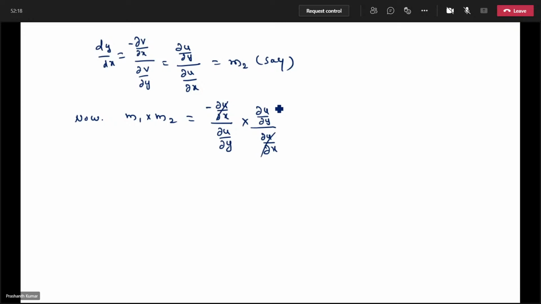This is the tangent. So m1 into m2 is equal to minus 1.